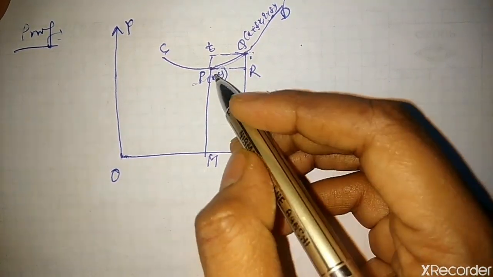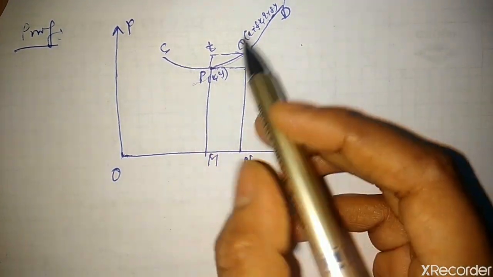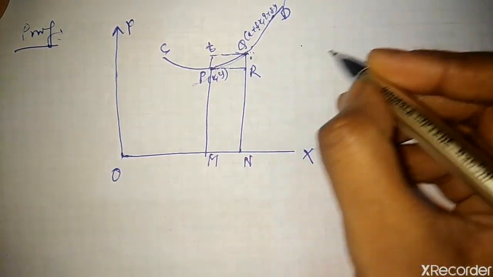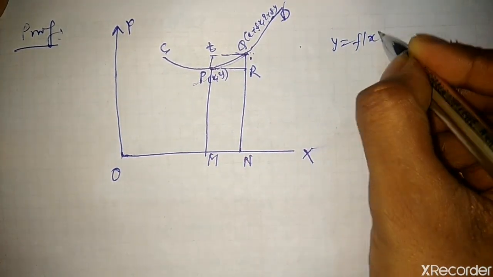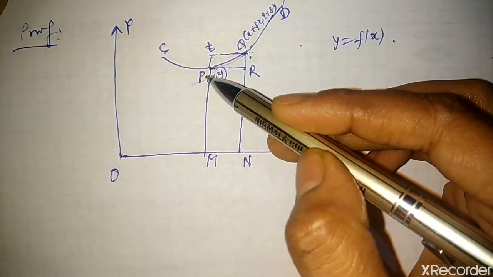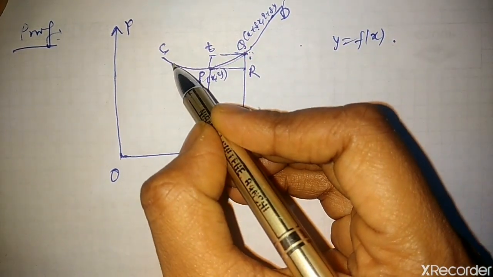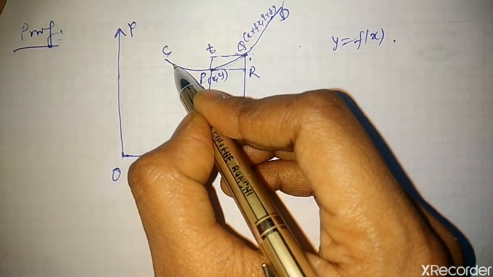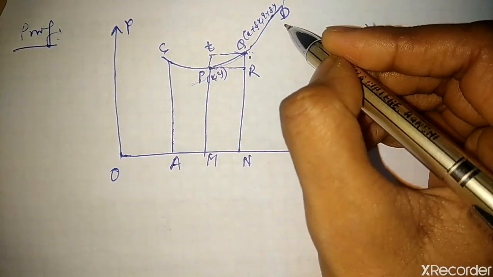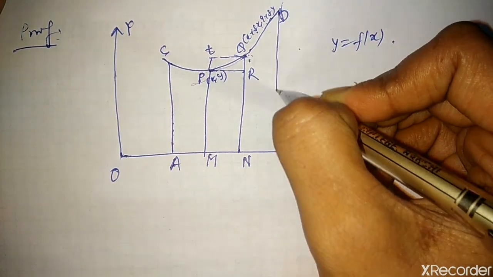What we have to find here is: let CD be a curve whose equation is y equals f(x). From C we draw a perpendicular, this is CA, and from D we draw a perpendicular, that is DB.